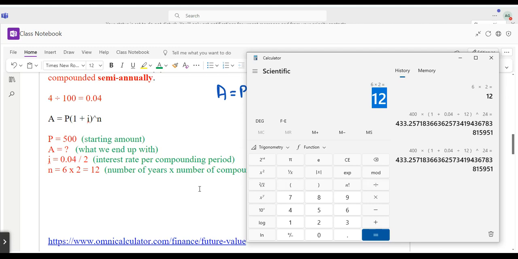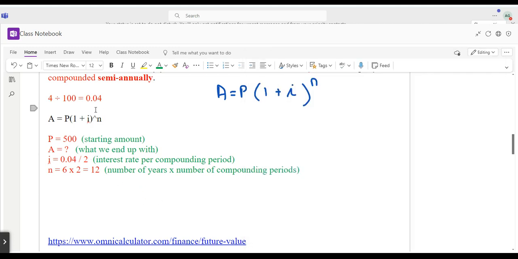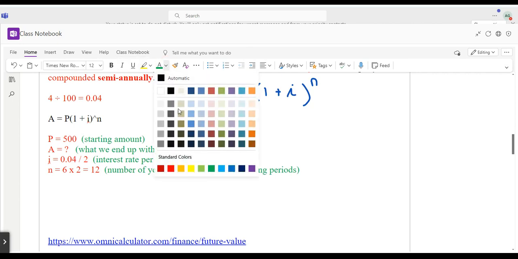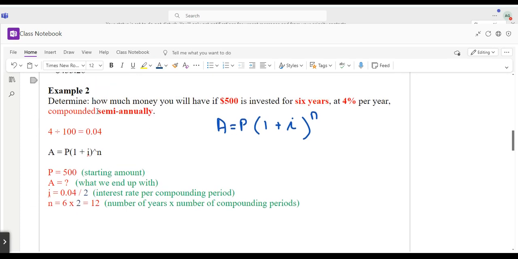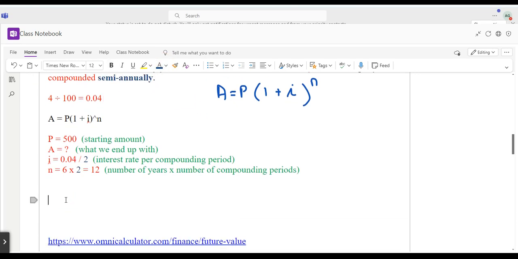And so it is. Now, what we need to do is insert this into our formula. And at this point, I do like to color code these, put this in blue, to say that we have to account for the compounding period. So we'll put this in blue as well. Okay.